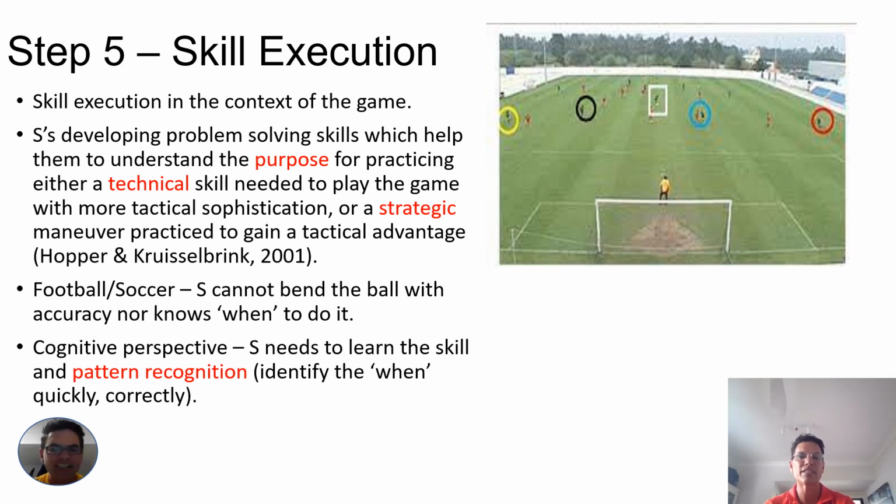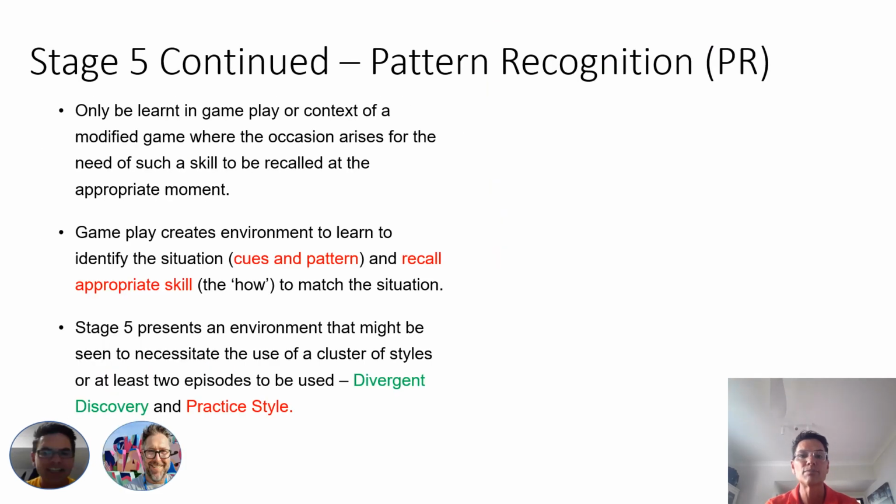From a cognitive perspective, we're arguing that the student needs to learn the skill of pattern recognition so they're able to identify really quickly and correctly when they need to do this. Pattern recognition. We're also arguing it can only be learnt in a game or in a context of a modified game when the need for the skill arises. Gameplay provides these environments so that the student can identify the cue or pattern and then has to recall the skill, the how-to, at the correct time.